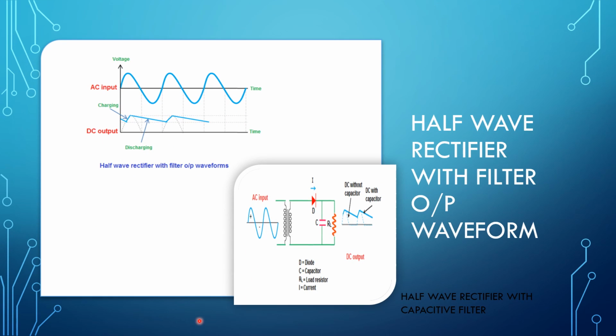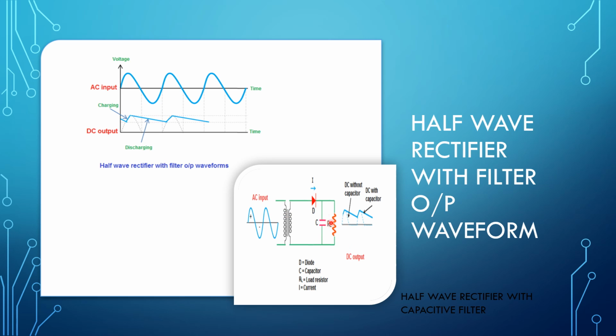When the capacitor is fully charged, it holds the charge until the input AC supply to the rectifier reaches the negative half cycle, like it was in the last slide. When the negative half cycle is reached, the diode D gets reverse biased and stops allowing electric current through it.